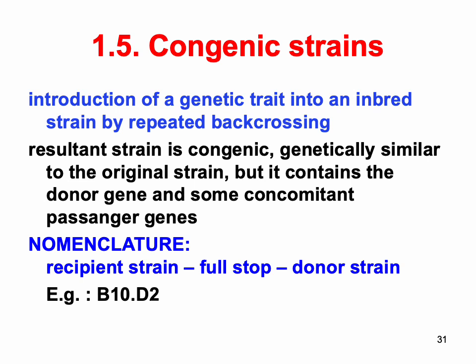So this will be the greatest difference compared to the co-isogenic strains. The nomenclature is according to recipient strain, full stop, and donor strain name. For example, B10 full stop D2.